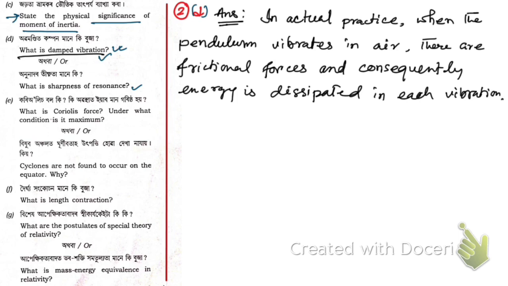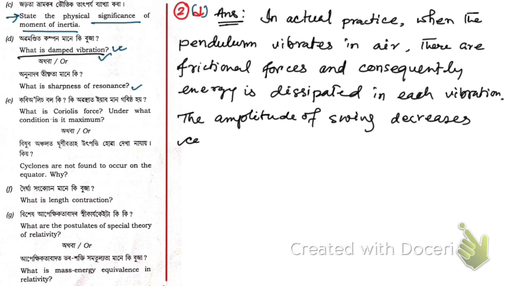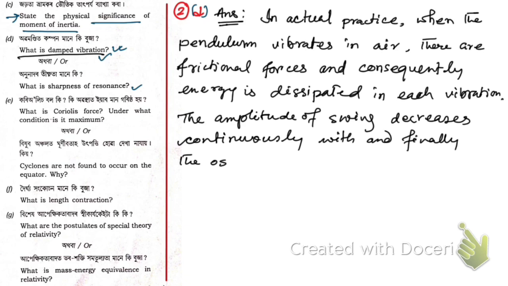the amplitude of swing decreases continuously with time and finally the oscillations die out.